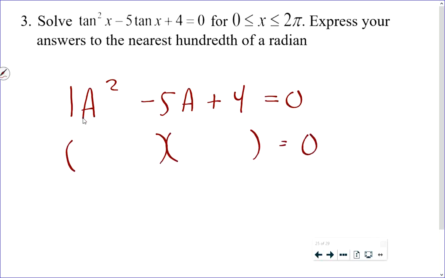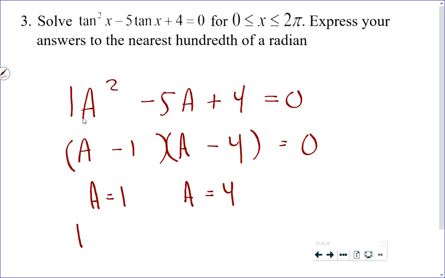If the first term has a coefficient of 1, you know that you need your two variables in these places, and then you have to find two numbers that multiply, in this case, to give 4 and add to give negative 5. Yeah? Which means a equals 1, a equals 4, but wait, it's not a, it's tangent.